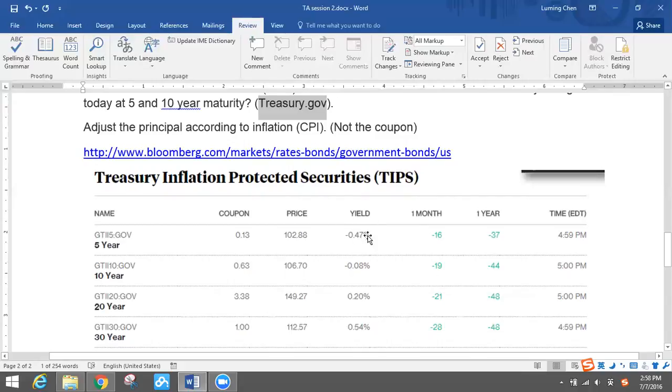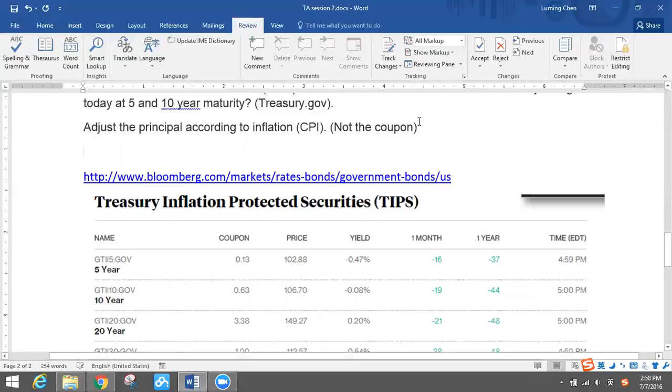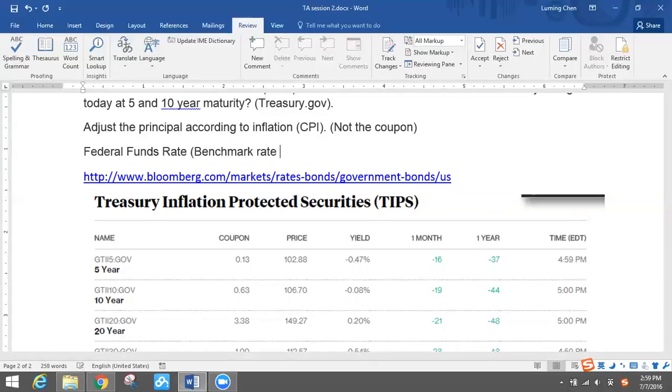So the yield must be even lower than the federal funds rate. The rate the banks and the Fed use in daily transactions is called the federal funds rate, which is the benchmark rate in interbank offerings.